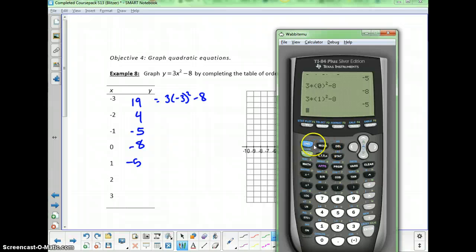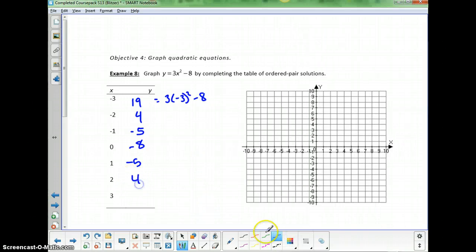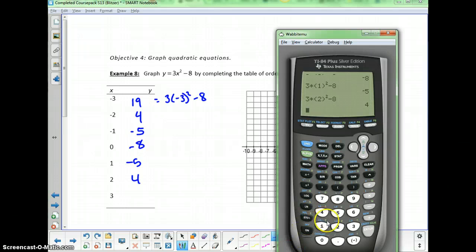Oops, I hit the wrong button. Second, then enter. So this one's going to have 2. This one's 4. And the last one we're plugging in is 3. Okay, and that's 19.